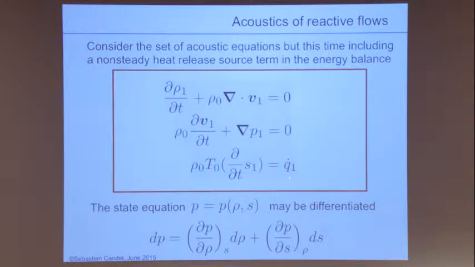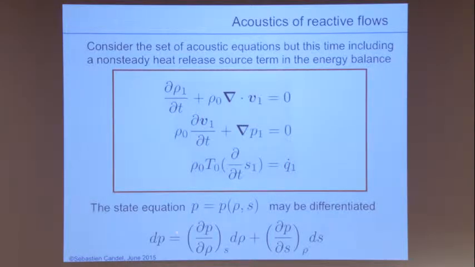Previously, we had 0 here. As a consequence, we will have perturbations in entropy. These two equations are not changed, but here we now have an equation with a perturbation in the entropy, and this is due to the fluctuations in heat release.